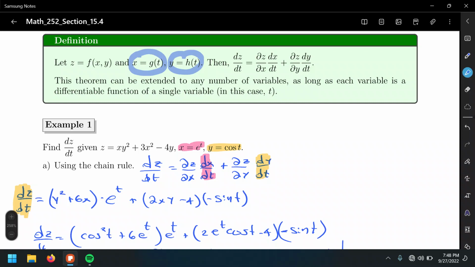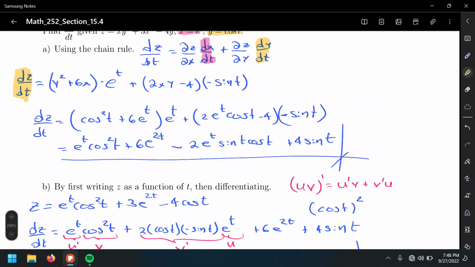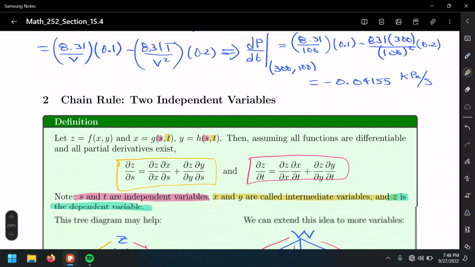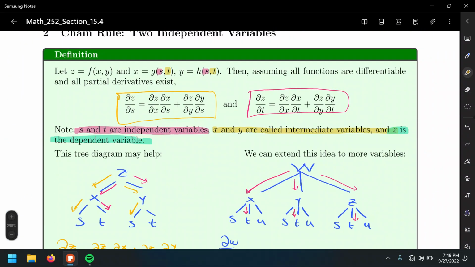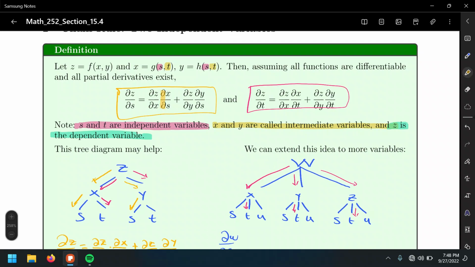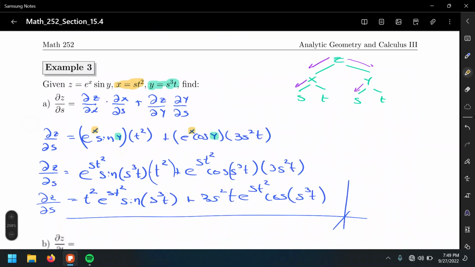For this reason, in the notation here we had ordinary derivatives because it's only one variable, t, as opposed to the next case in which x and y now depend on more than one variable, s and also t. So that's why these ones right here are now partial derivatives. So no need for partial derivatives for the previous case, but now we have that need. All right.